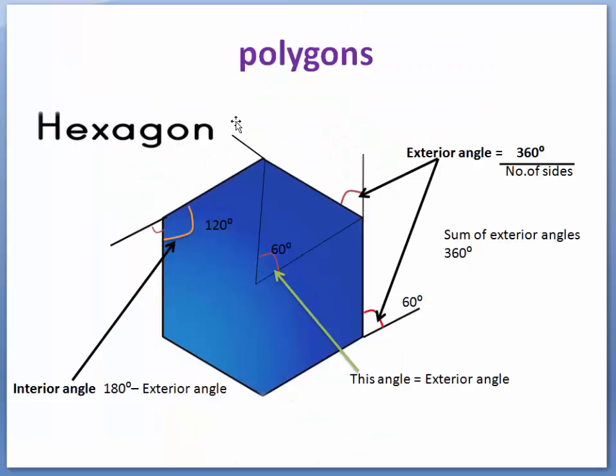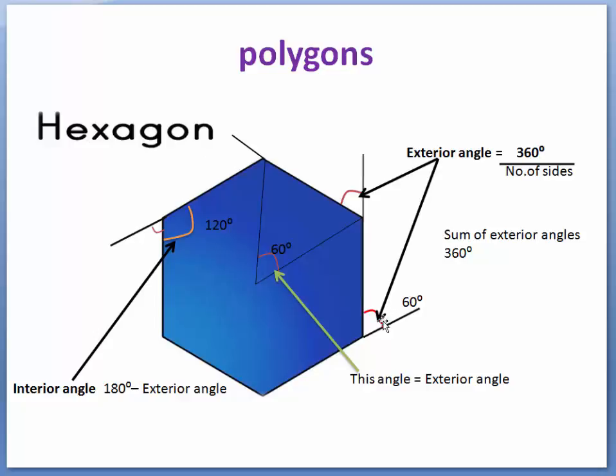Now, if we have a regular polygon, in the exam most of the questions rely on us knowing a couple of facts. First one, that all the exterior angles in the polygon, if we add them together, add up to 360 degrees.